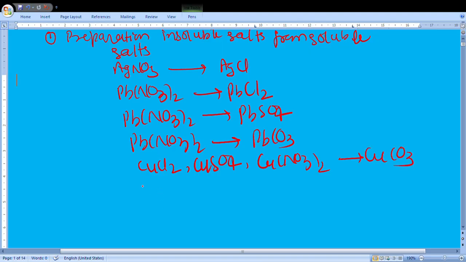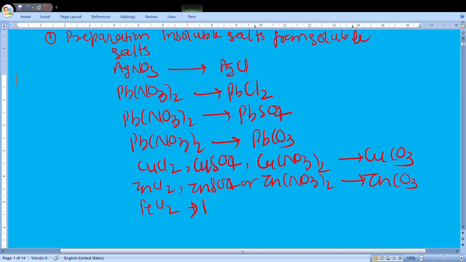Another, ZnCl2, ZnSO4 or Zn(NO3)2 to ZnCO3. Similarly, FeCl2 or FeSO4 or Fe(NO3)2 to FeCO3.